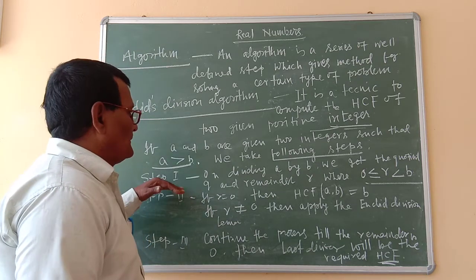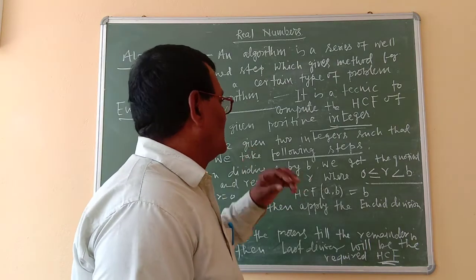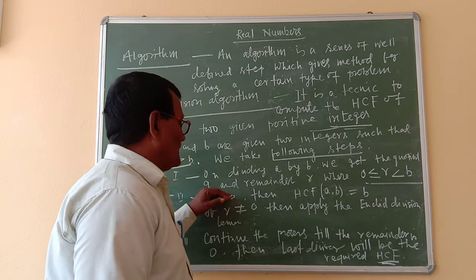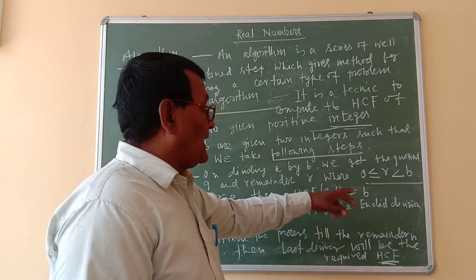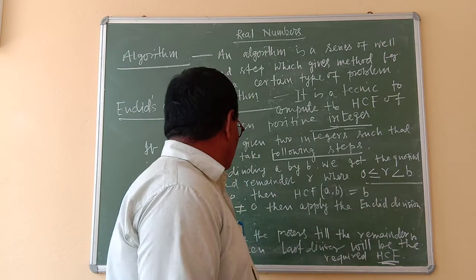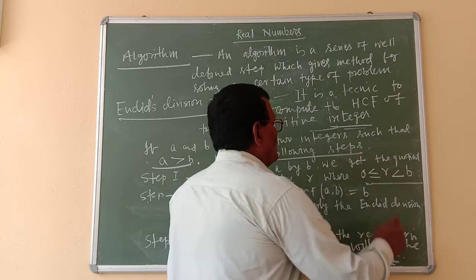Step 1: we divide a by b and get the quotient q and remainder r, where r is greater than or equal to 0 and less than b.